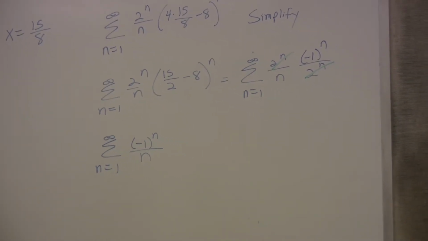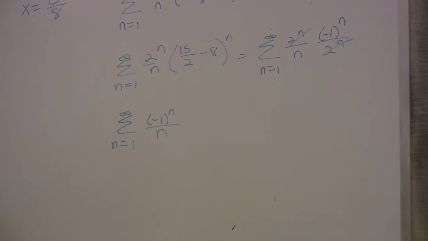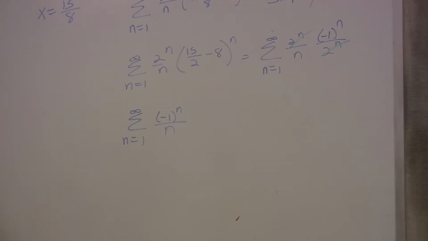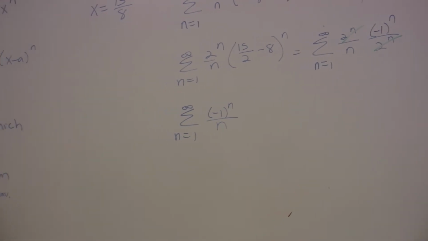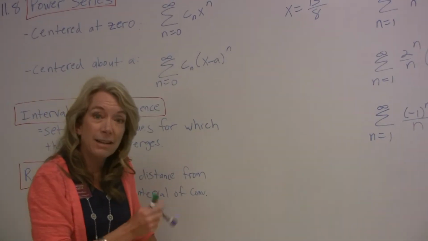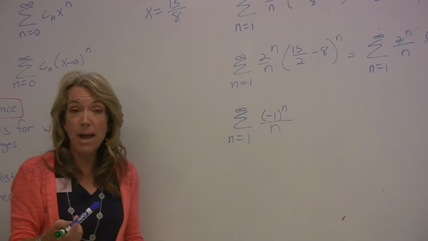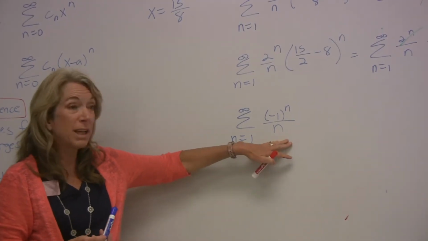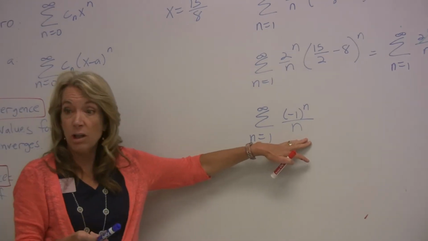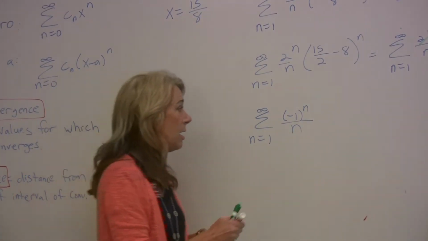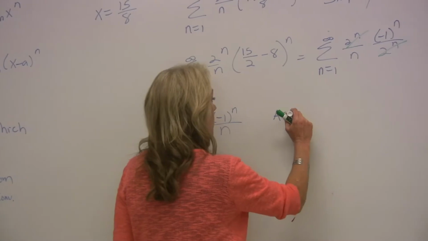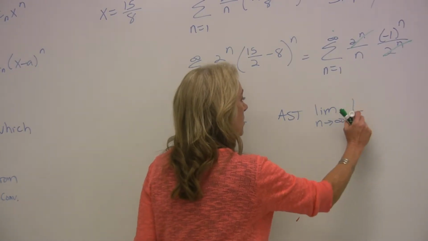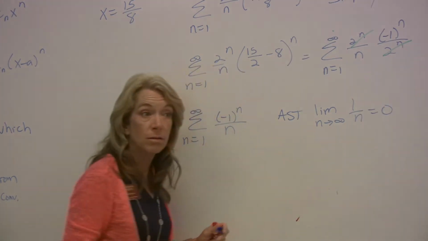So now the question becomes, now that I plugged in x equals 15 over 8 and I've simplified this, does this series converge or not? It's conditionally convergent, which doesn't really matter because it's either a yes or no. So we don't care if it's absolutely convergent. Because it's an alternating series, we're going to use the alternating series test. And we find that the limit of those terms, if you just look at the positive part, is 0.